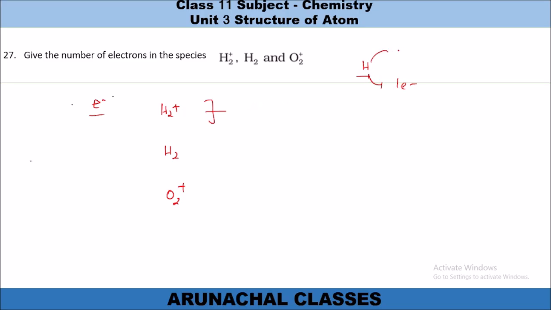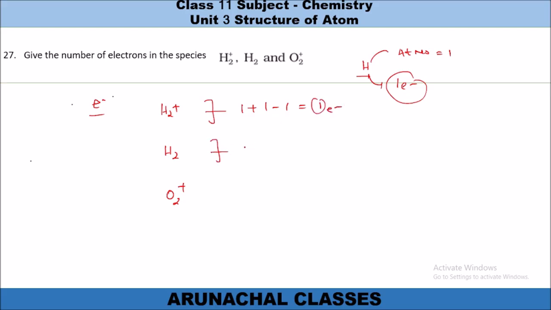Atomic number of hydrogen is 1 and it has one electron. So 2 hydrogens means 2 electrons, 1 plus 1, and it has one positive charge, so minus 1. Finally we get 1 electron.